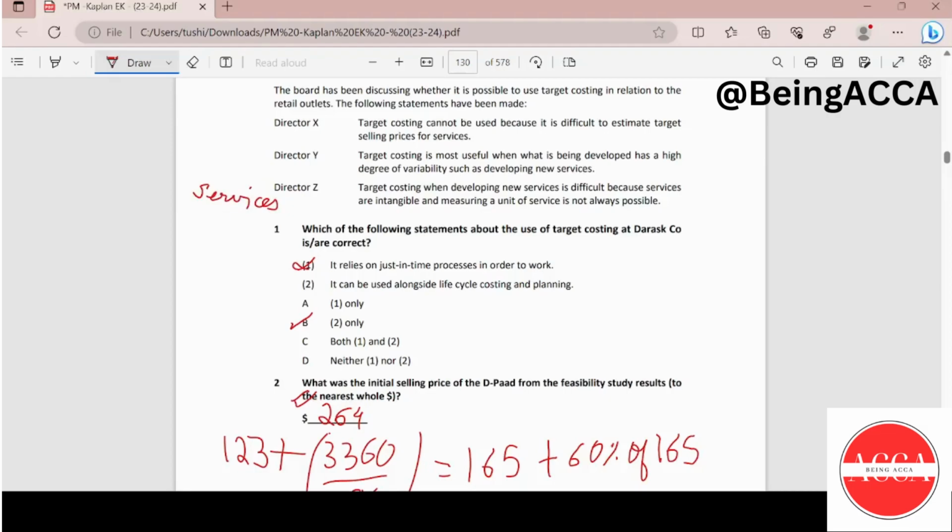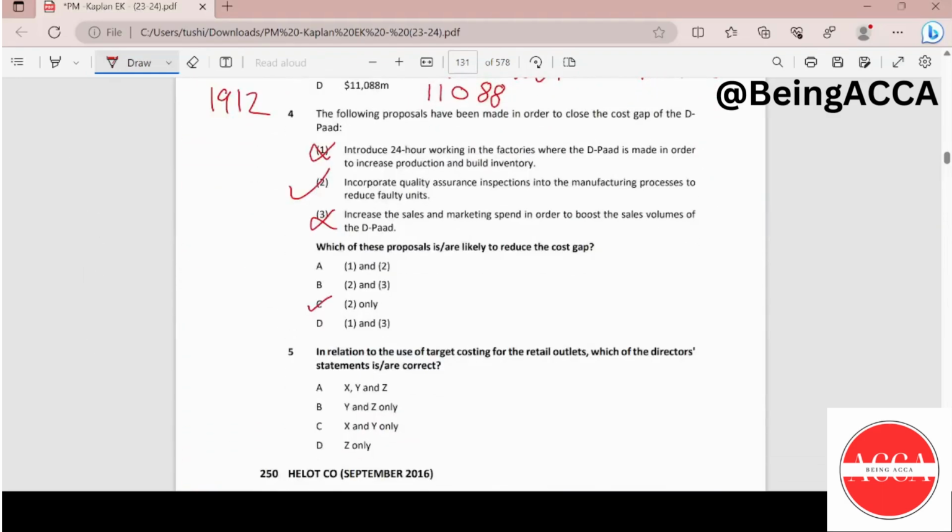Since they are performed by people, they might be performed differently. One time a service is performed, and the second time it may not be exactly uniform. So these are intangible, and these are difficult to measure in units. So director Z is correct. Only director Z is correct, which makes my option D.